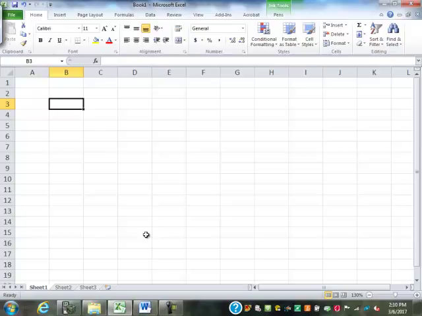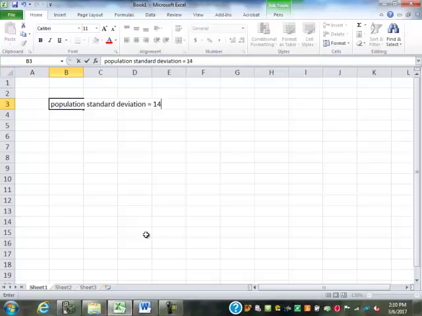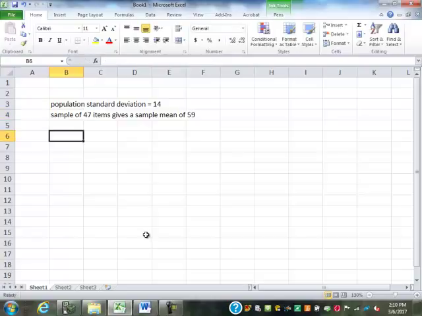Let's say we've got a population standard deviation of 14, a sample of 47 items gives a sample mean of 59. Construct the 95% confidence interval of the population mean.